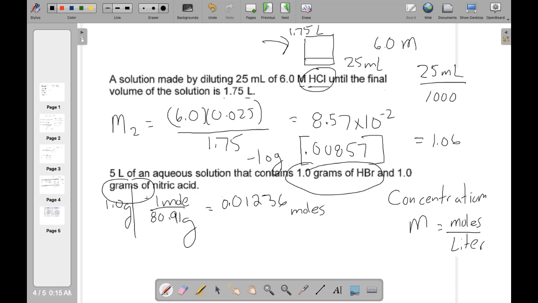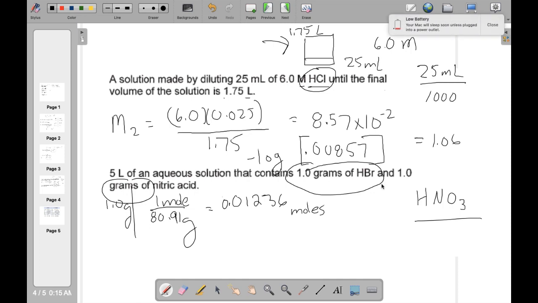Now I'm going to do nitric acid. Nitric acid is HNO3. I just realized there's several pieces of information you need for this. Number one, you need to be able to write a formula of the acid from a description. If you can't do that, you won't be able to do this problem. Then you need to figure out the molar mass and do some basic calculations.